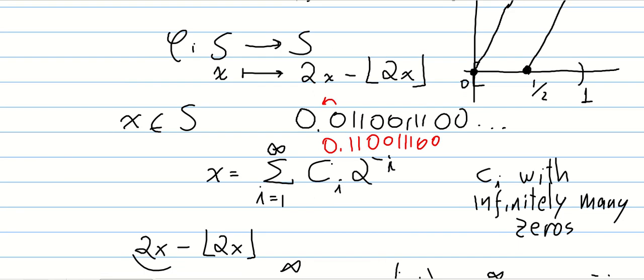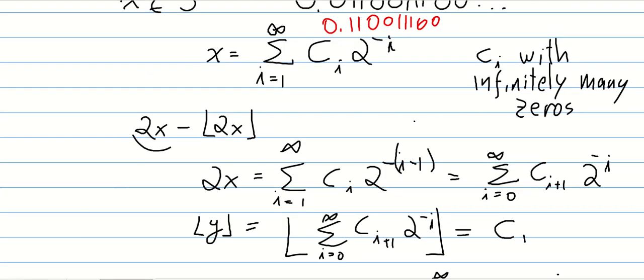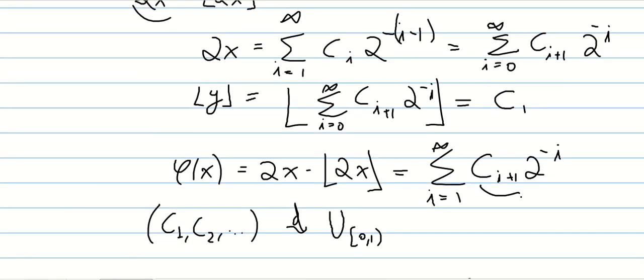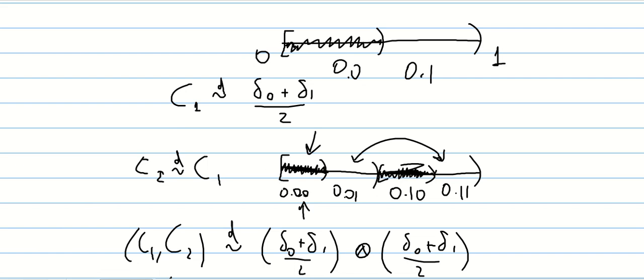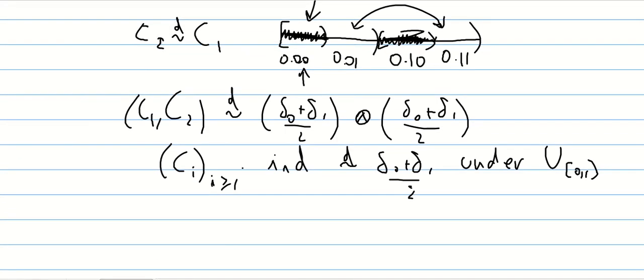From one hand, we know how phi acts on the coefficients, and how does it act? It's just a shift. It takes C_i to C_{i+1}. And on the other hand, we know how these coefficients are distributed with respect to the uniform measure. They are just IID Bernoullis.